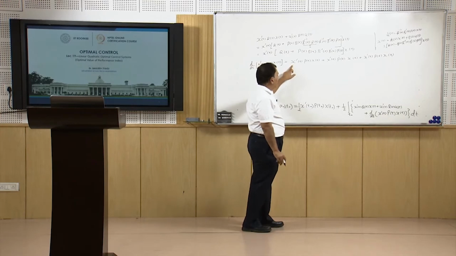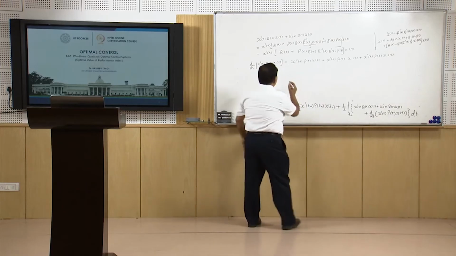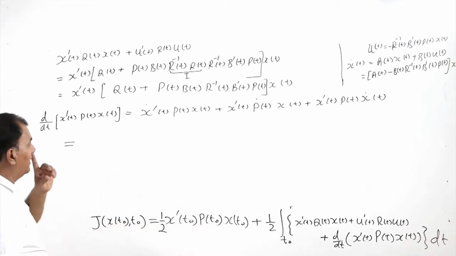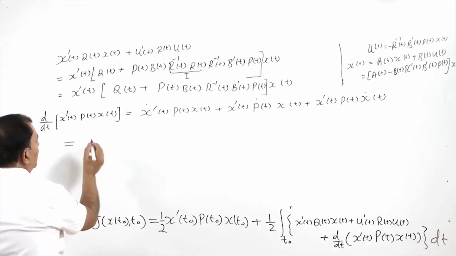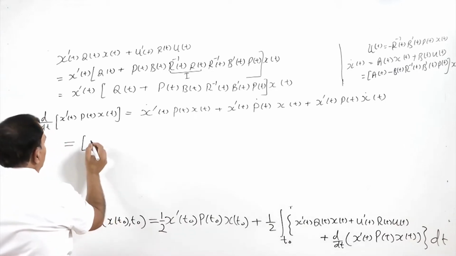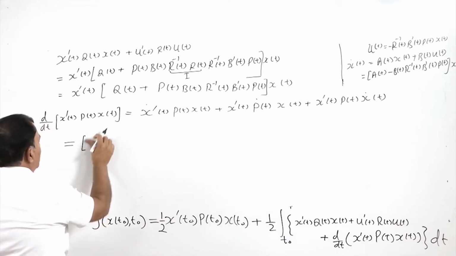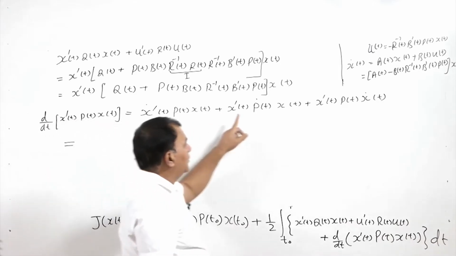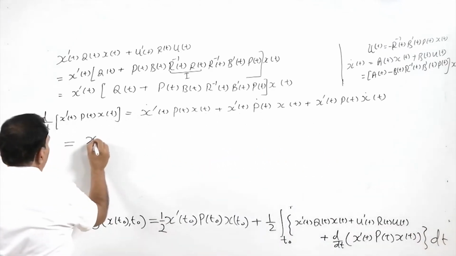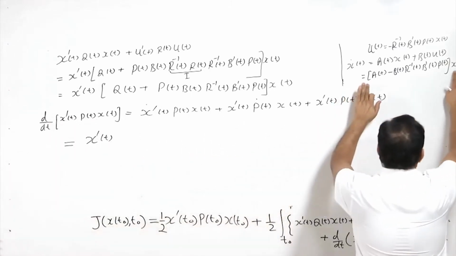So I will place my x dot t in the first and the last term. If I am taking the x dot transpose, I have to take the transpose of the whole term.